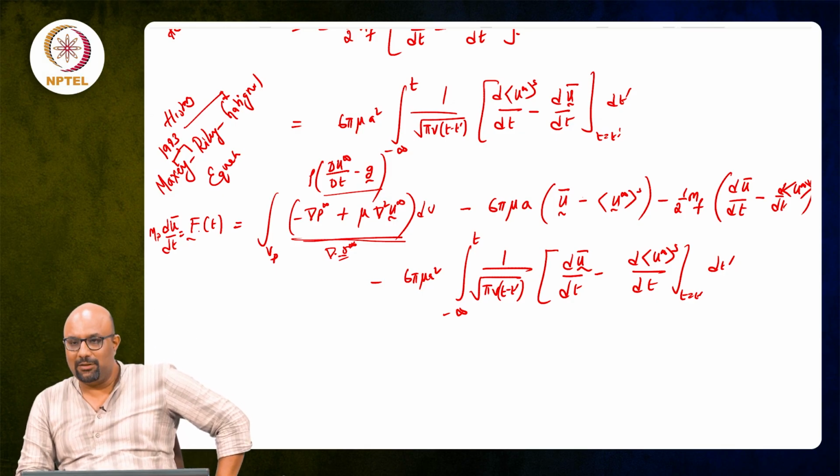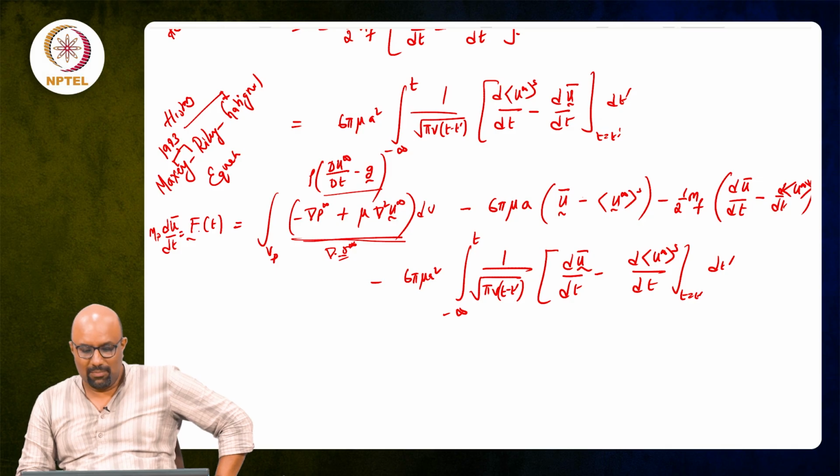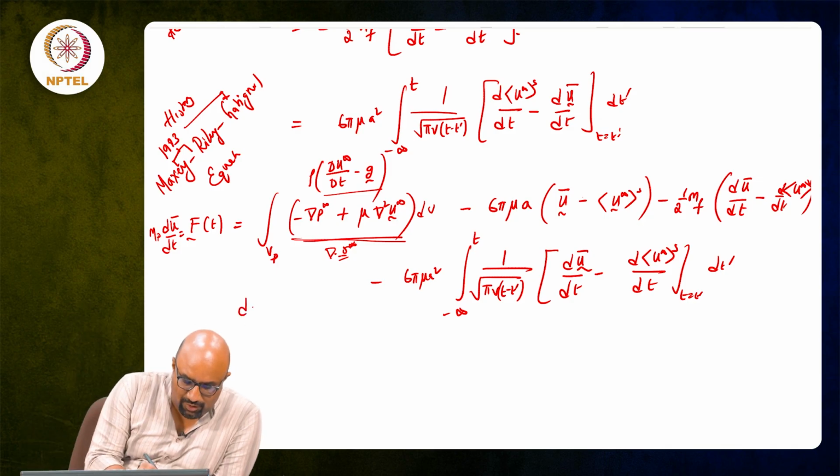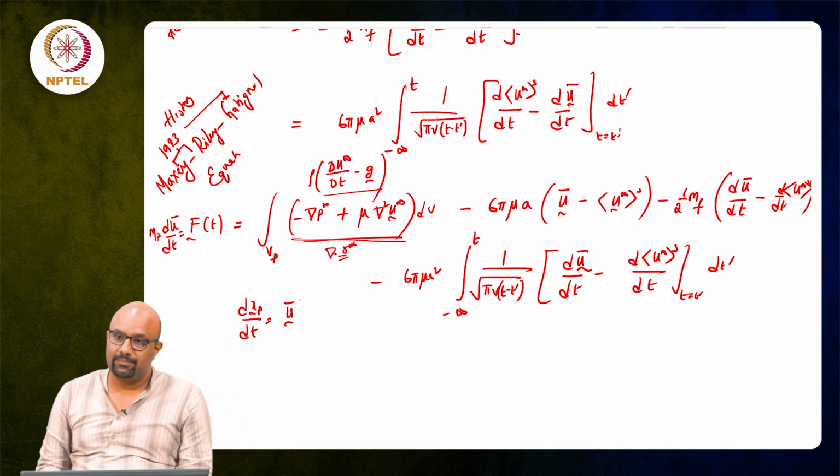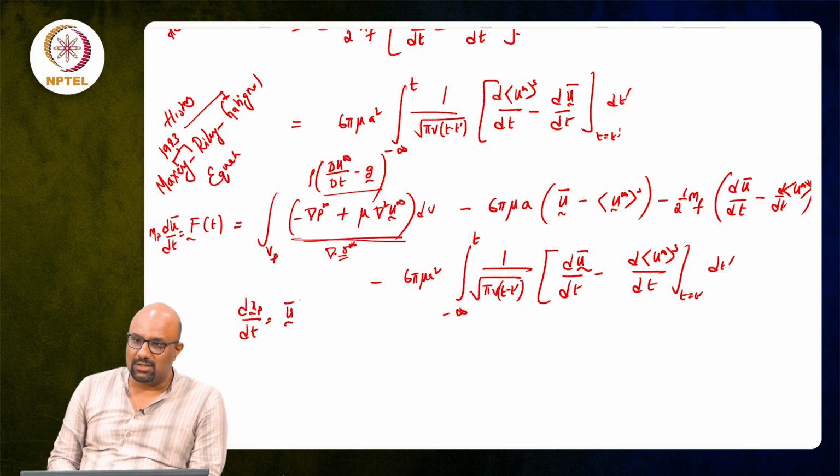If you prescribe the background flow u infinity, then you will have an equation to solve for the particle velocity, but there is also another quantity to solve for, which is the particle position, which is given by this. The center of mass of the particle moves due to the particle velocity.